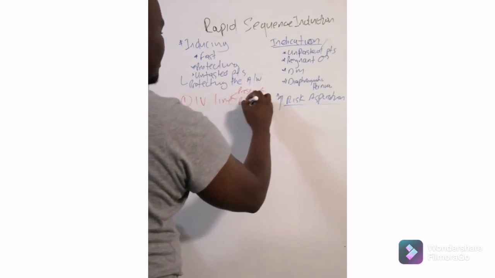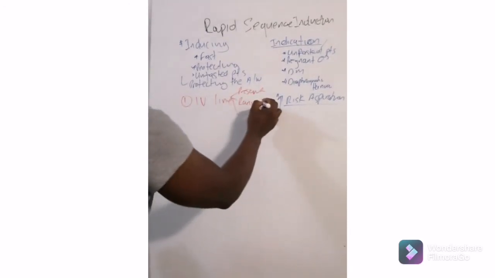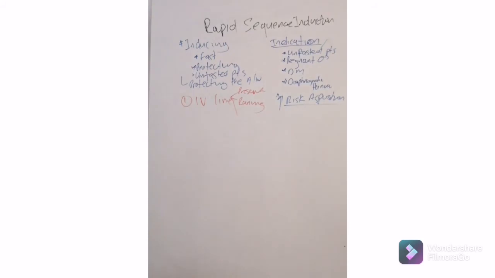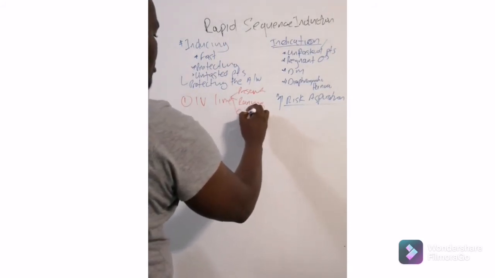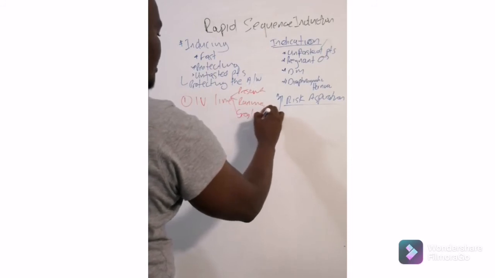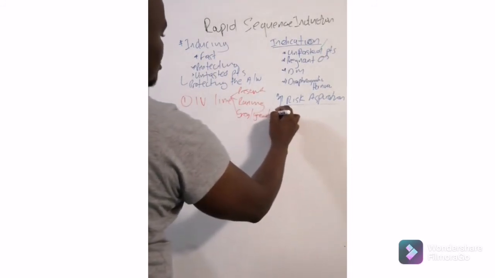It must be running. The cannula must be of a good caliber, like your gray, your green. If not your gray, pink is the last option.